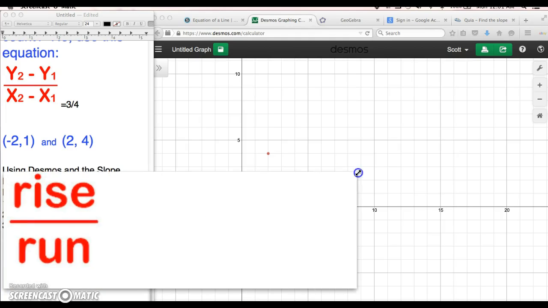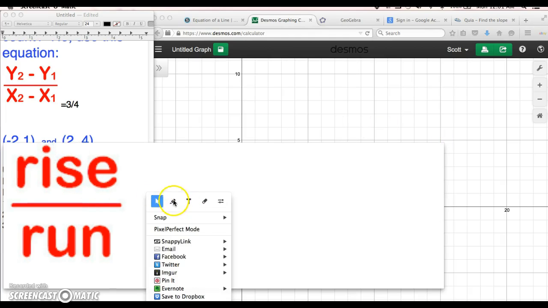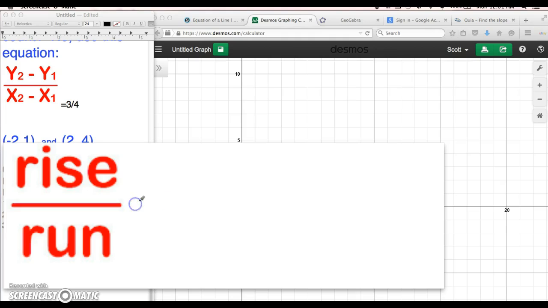Remember that if your rise is equal to 0, and it doesn't matter what your run is, we can call it 1, 0 divided by anything is 0, right?